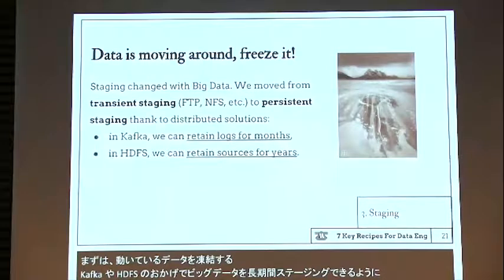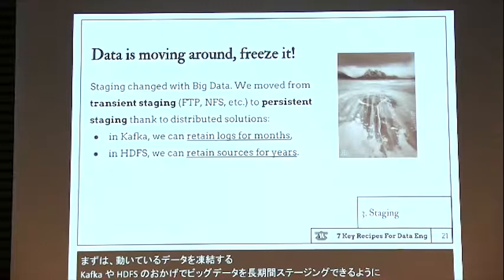The staging area was used historically to assemble data. For example, you would open an FTP directory, FTP space, and then you would move the data to this FTP, and then assemble the data after the staging. What happened with the staging area is that we moved from transient staging to persistent staging.